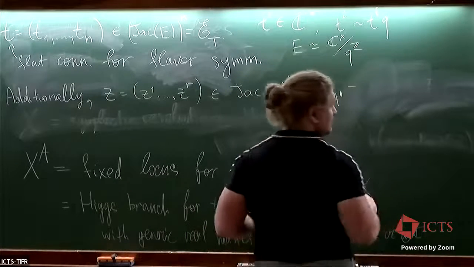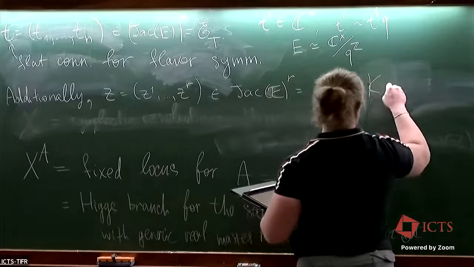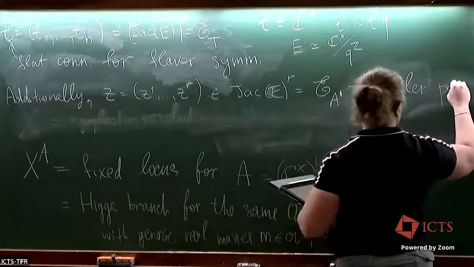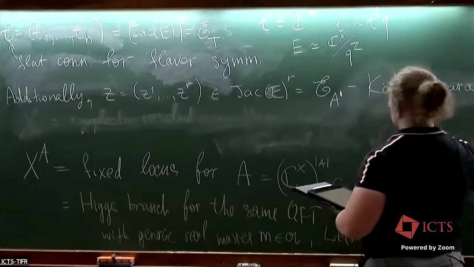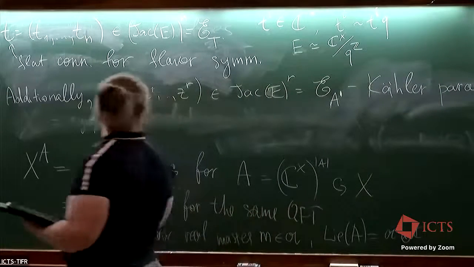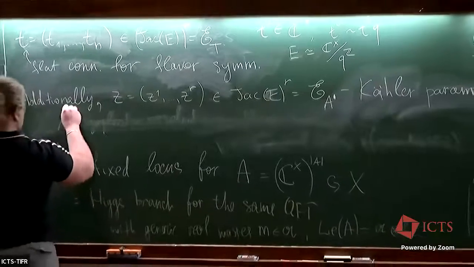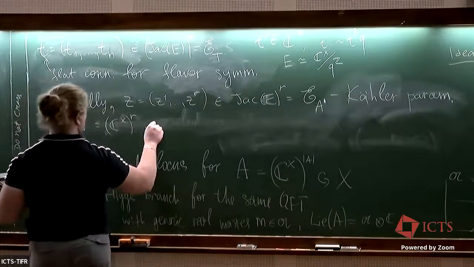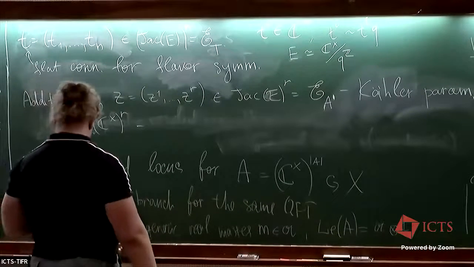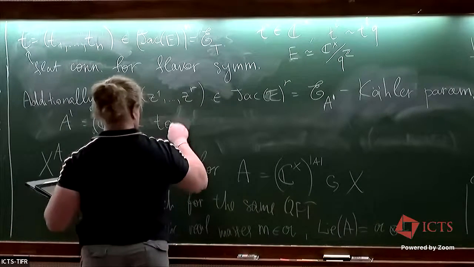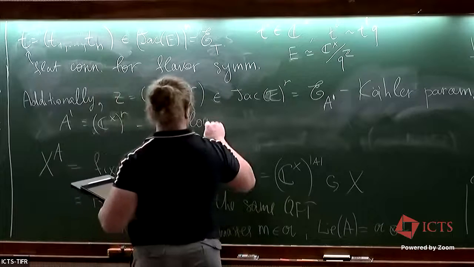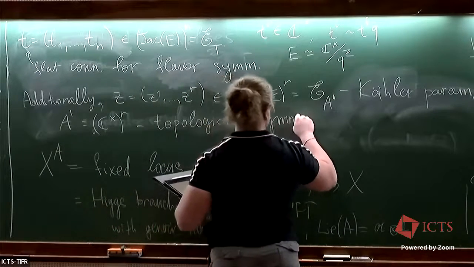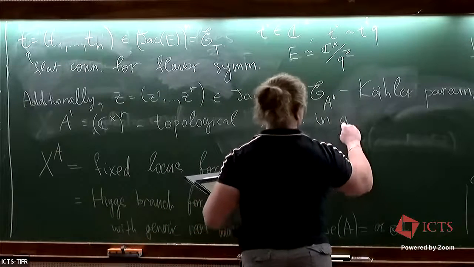In the literature on elliptic stable envelopes, they are called Kähler parameters. And here A prime is just another torus, a torus of topological symmetries in gauge theory.